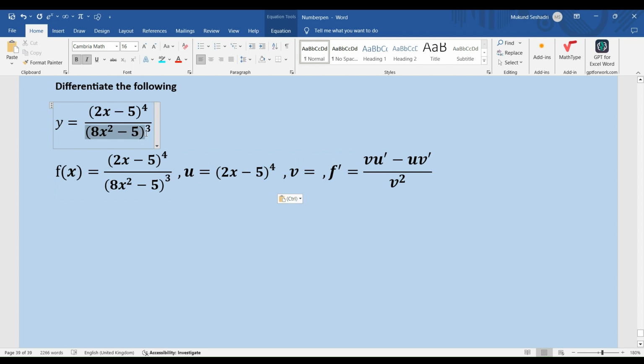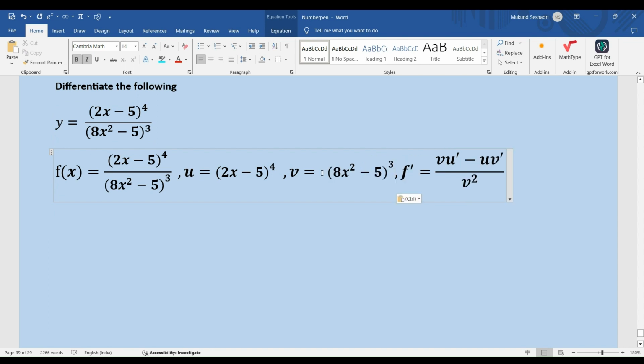My denominator, which is v, is (8x square minus 5) whole cube. And then I have my f dashed, which is nothing but (vu dash minus uv dash) divided by v square. So we are going to use the chain rule to solve for u dashed and v dashed before we come to the quotient rule.